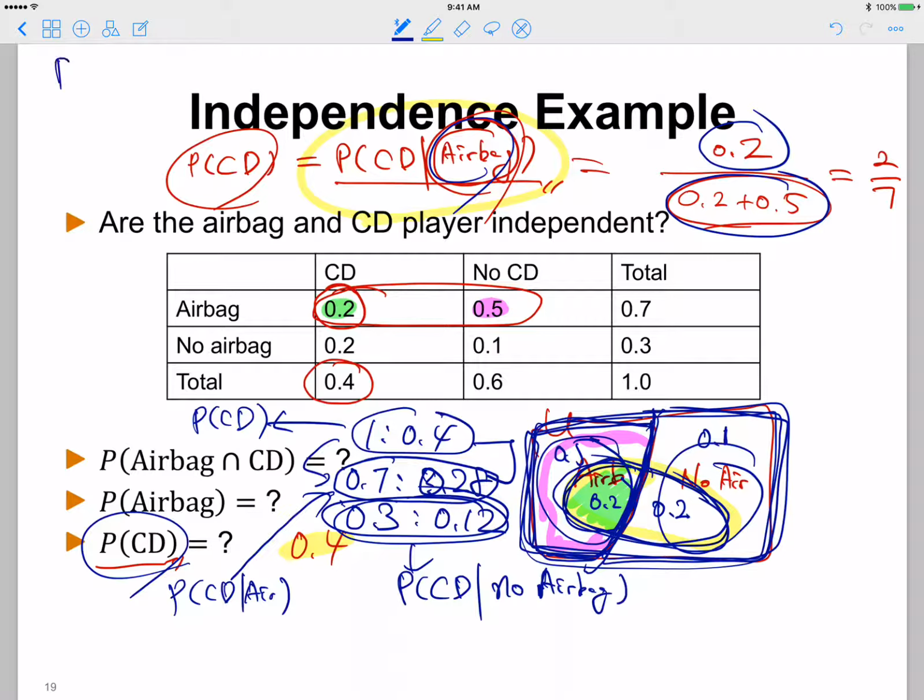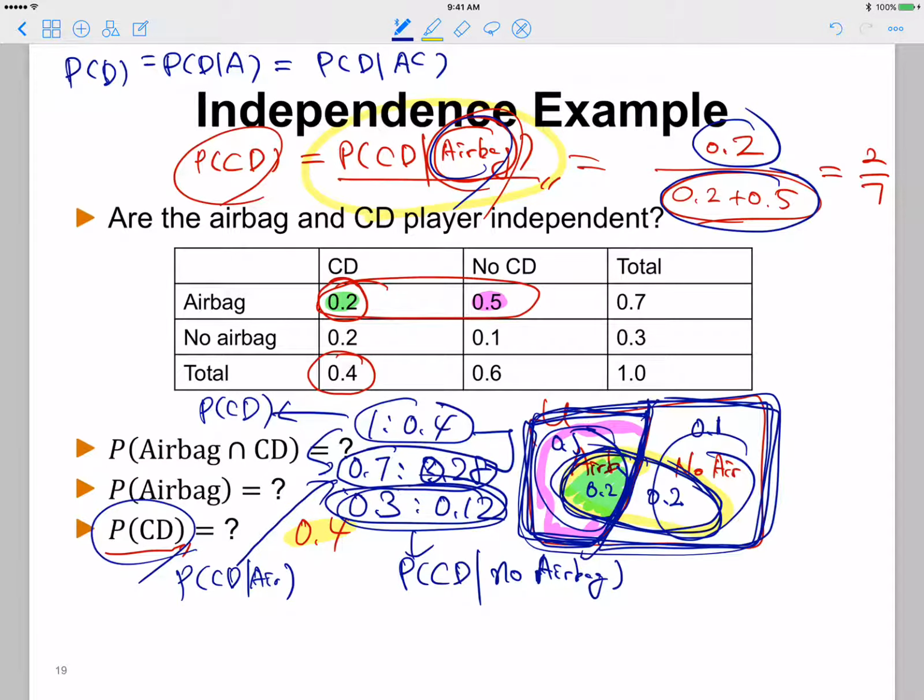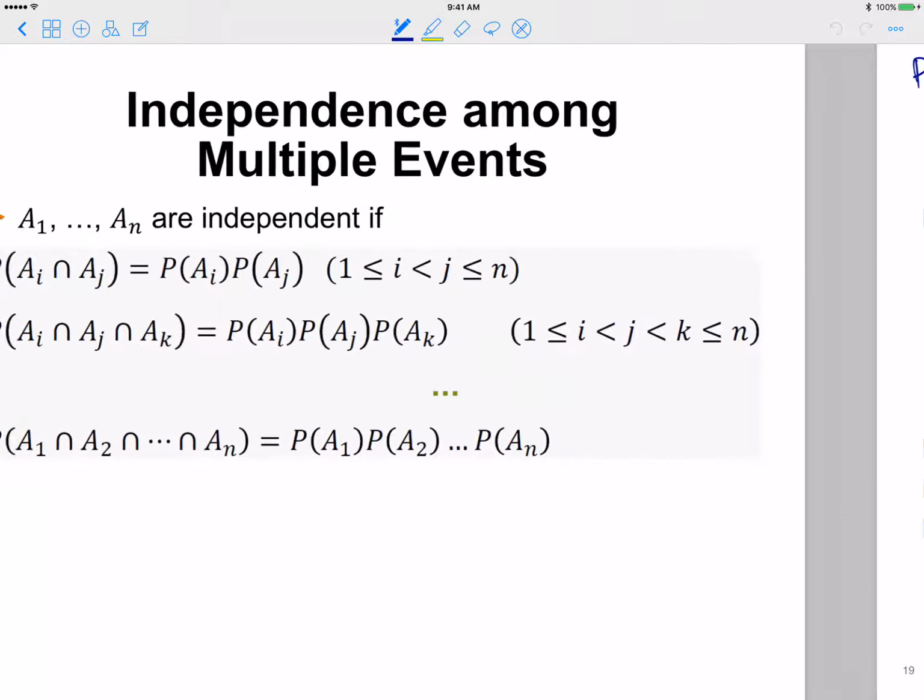So in that case, these two should be the same. And then also it means this guy also should be the same. Okay, so this is statistical independence.